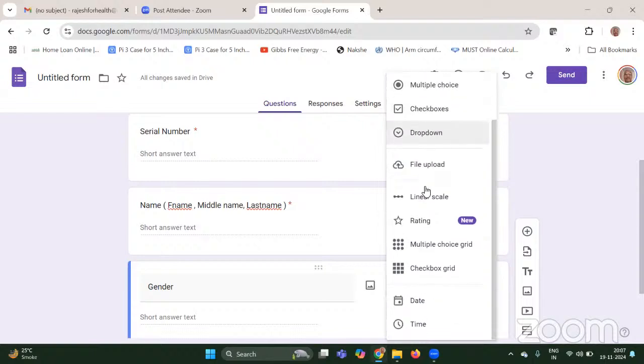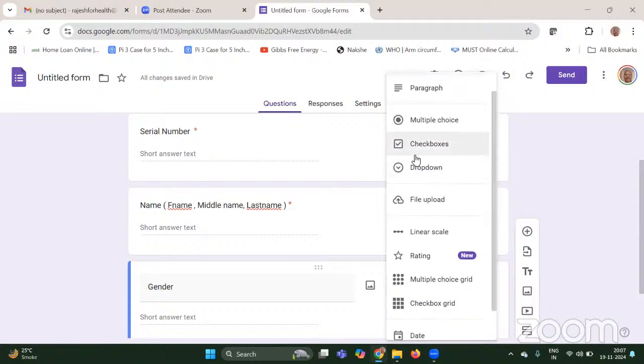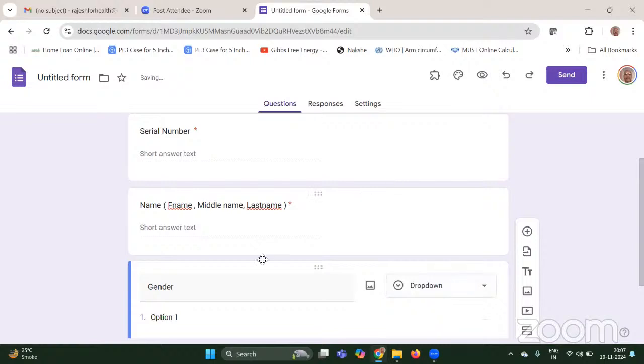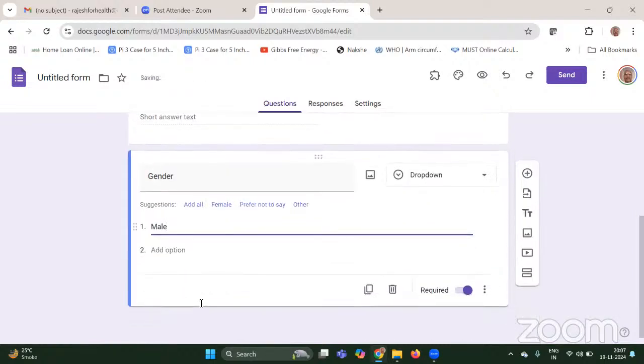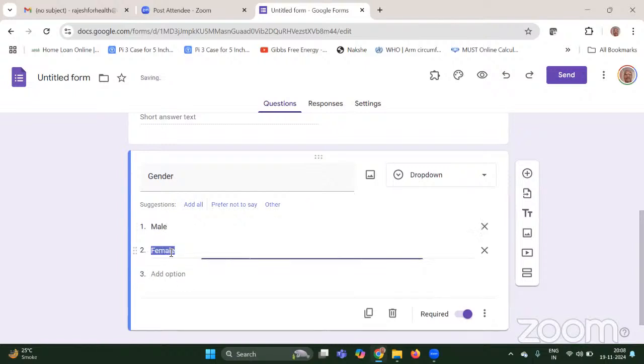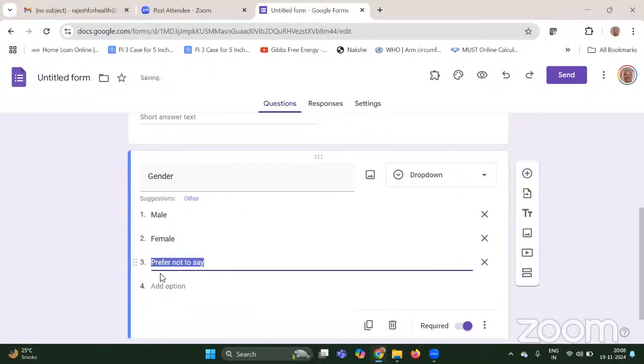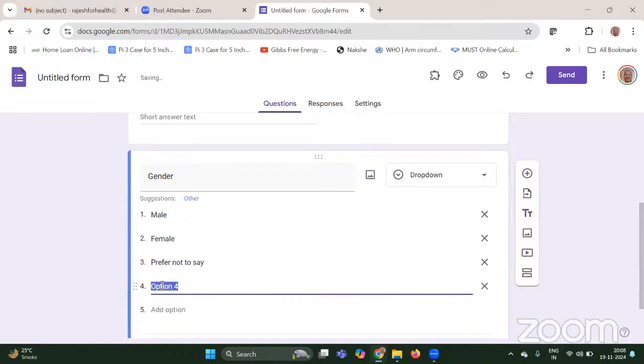And if you keep a drop-down, then you can write down specifically two or three options. Option one, option two, or an option could be prefer not to say, or you can say other, right? That is possible, right?